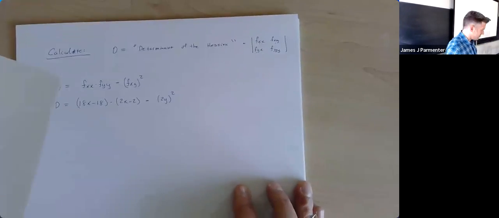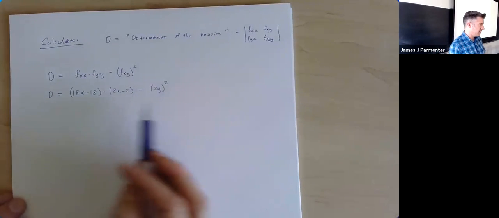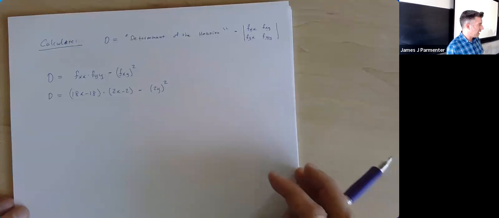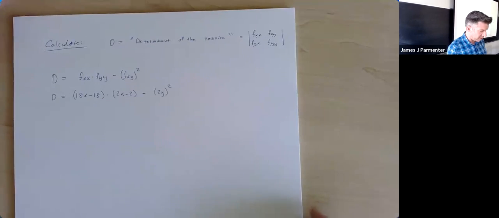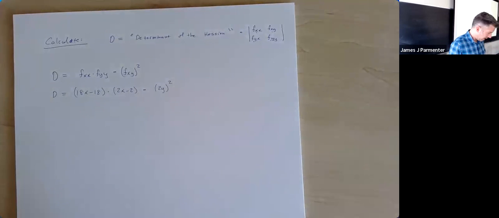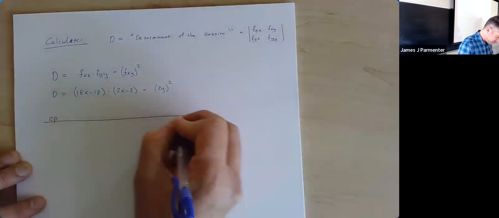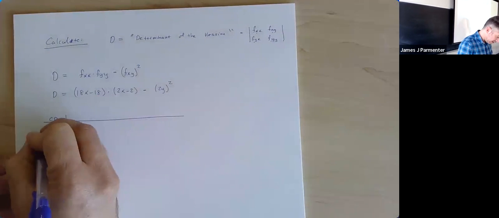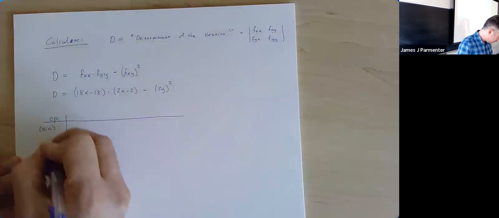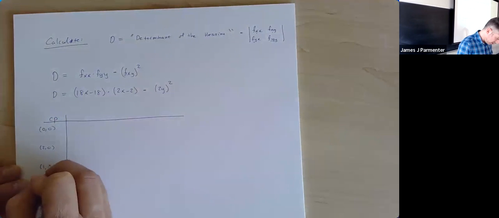And I would say most of the time, you usually don't want to simplify this. It is not worth the effort to multiply this out because we only ever care about evaluating this thing at specific points. So I want to figure out what's happening at each of my critical points: (0, 0), (2, 0), (1, 3), and (1, -3).